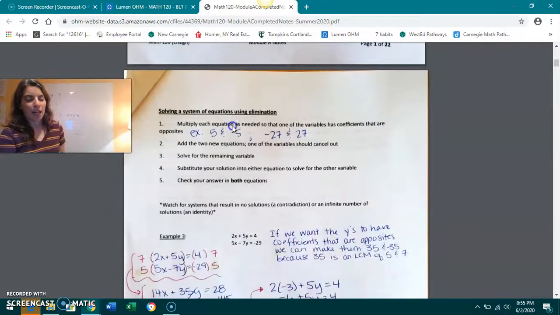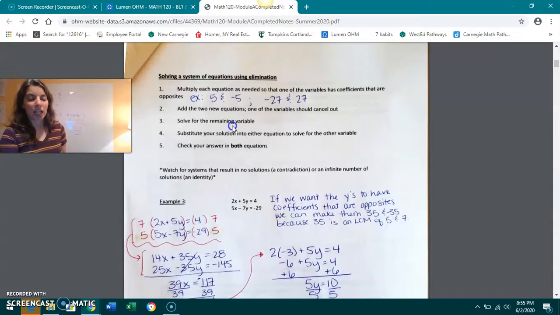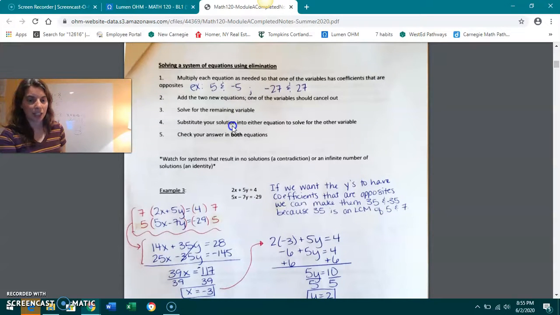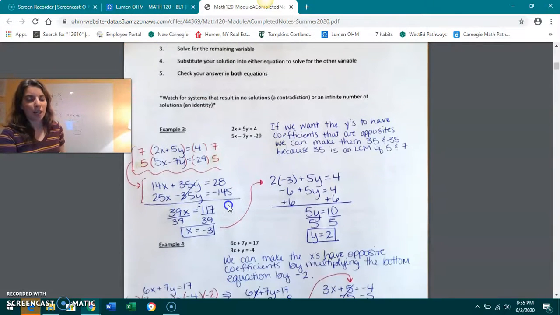And then a second method for solving systems of equations is called elimination. With elimination, we want to get down to having an equation with just one unknown, because then we can do something with it. The way we do it here is we look at our equations and we want either the x's or the y's to cancel out when we add these two equations.